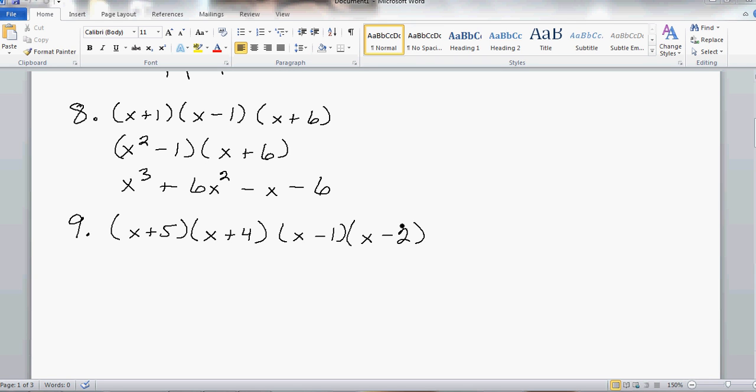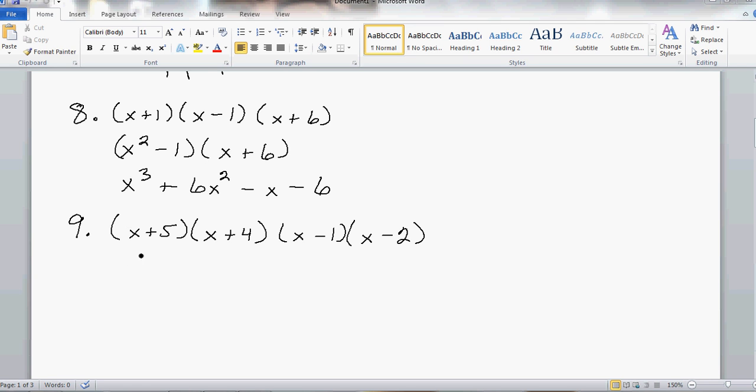Now what I'm going to do is FOIL these two together and get a trinomial, FOIL those two together and get a trinomial, and then we have to do long multiplication to get the final answer. Now realize long multiplication, you just have to take each of the terms times each of the other terms and you will get the correct answer.